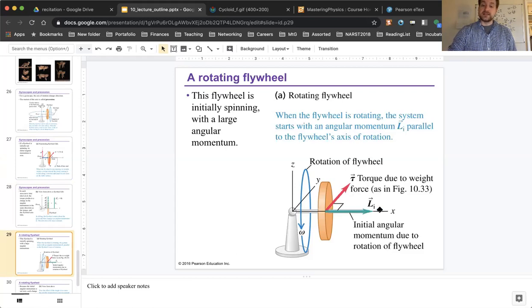As we release the thing from rest and gravity tries to make it fall, gravity creates a torque on the system and wants to rotate it down this way.